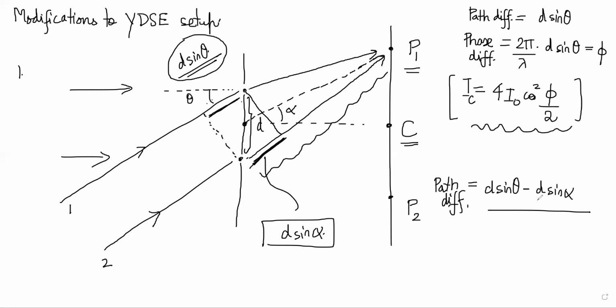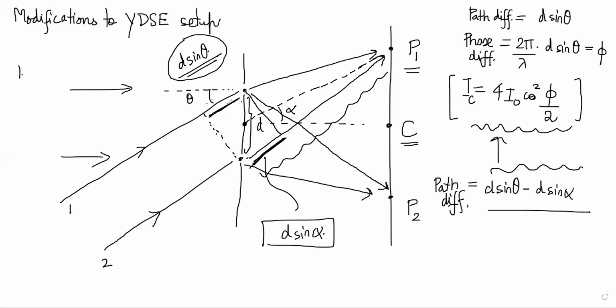You understand why minus, right? Ultimately, it's just about path difference. Once you have this, you convert it to phase difference, angle phi, and then do it the same way.